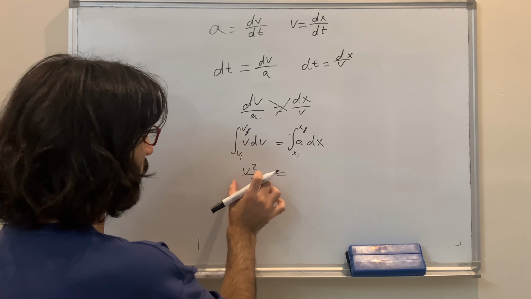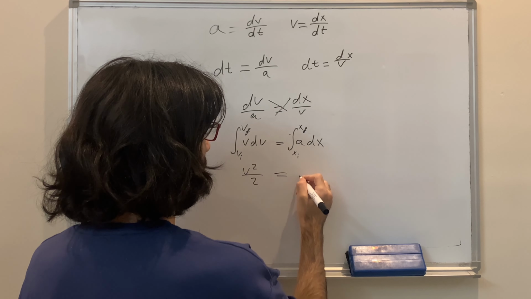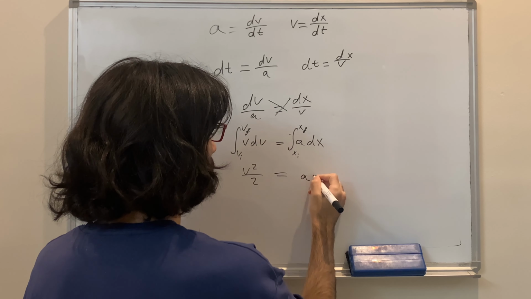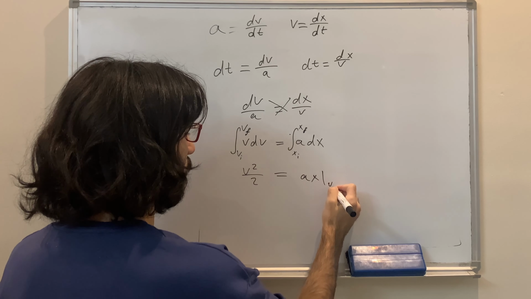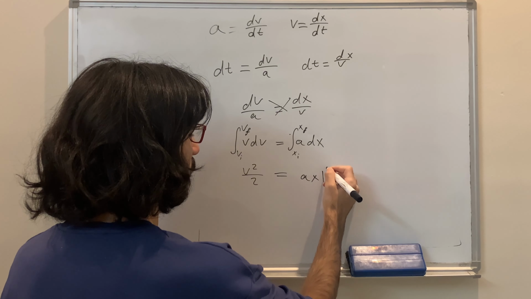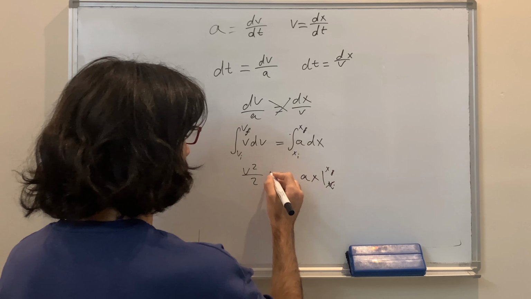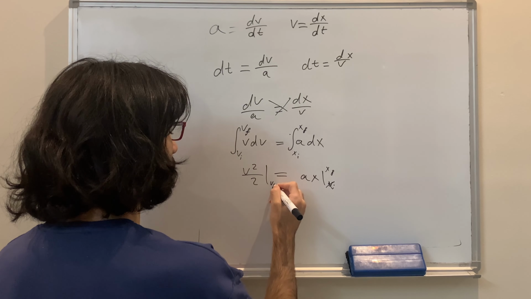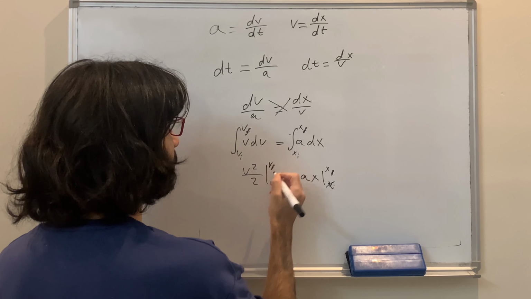This evaluates to this, and this evaluates to this, from the initial position to the final position, and here from the initial velocity to the final velocity.